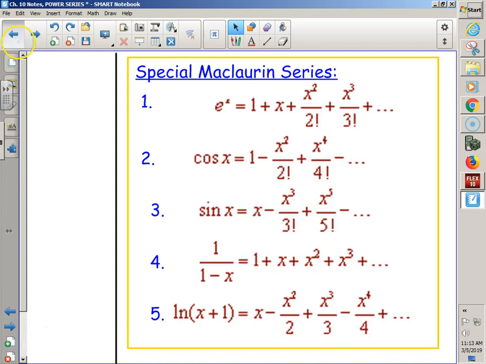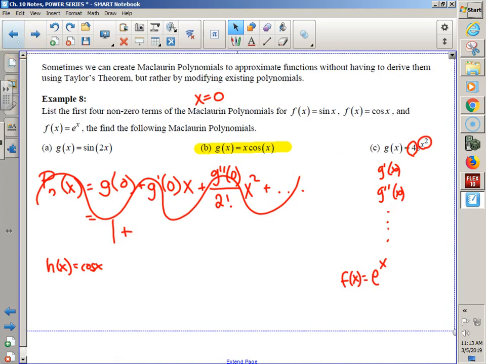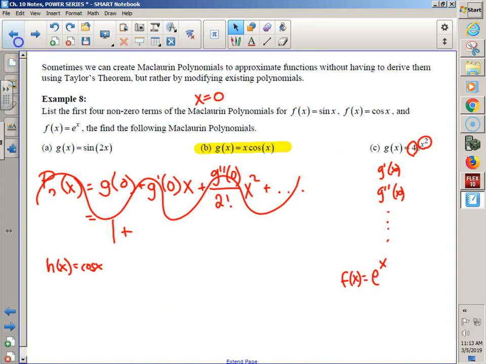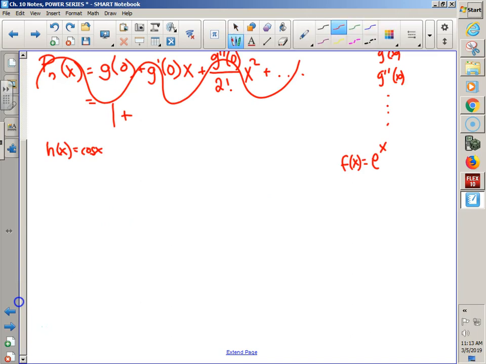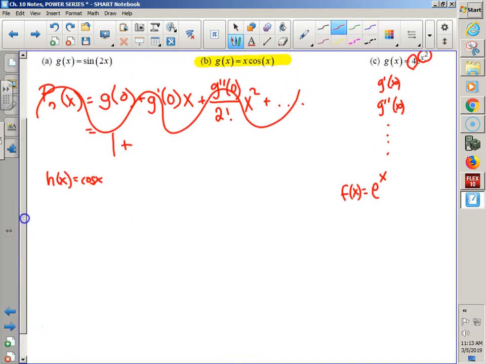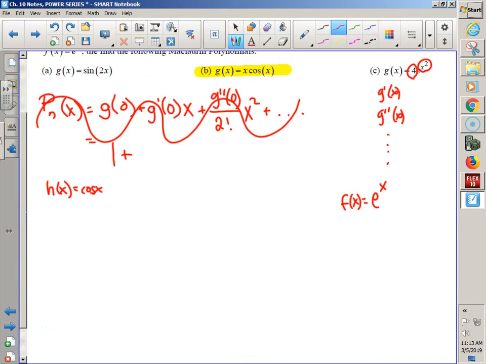So let's come back and say, okay, instead of doing this whole Maclaurin polynomial building thing, let's just say we know cosine, because we do, right? Or you will, once you learn those special series. So we could say equals just cosine: 1 minus x squared over 2 factorial plus x to the 4th over 4 factorial minus x to the 6th over 6 factorial.